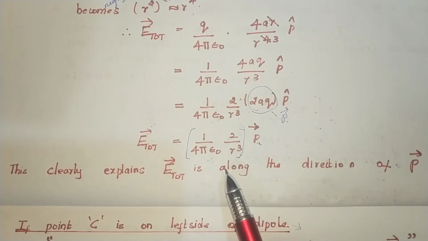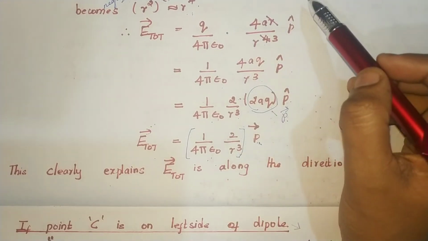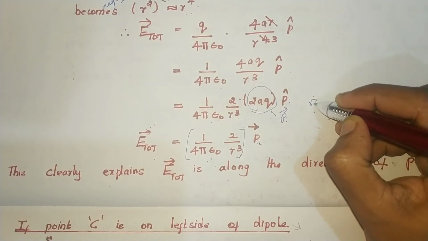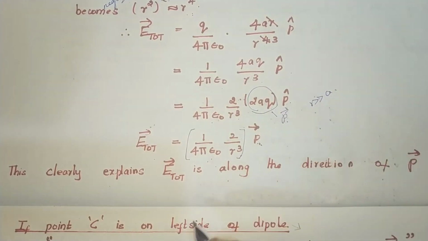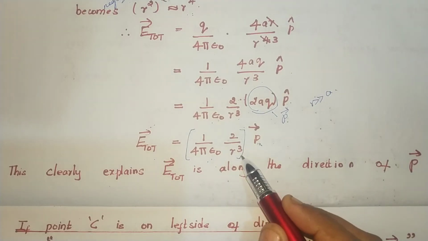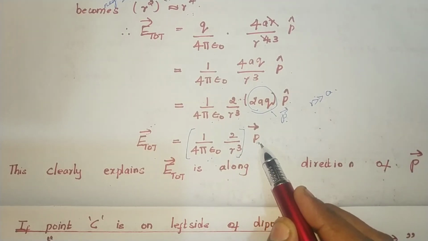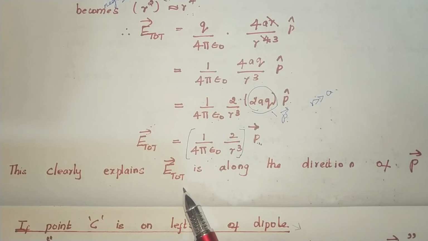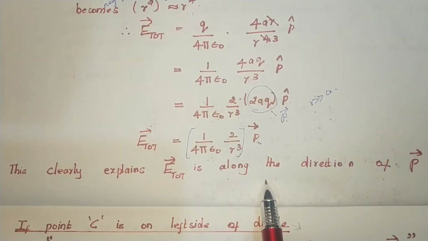Okay students, அப்போ இந்த condition when R is very much greater than A, E total vector becomes 1 by 4 pi epsilon naught 2 by R cube into P vector, which clearly explains that E total vector is along the direction of P vector.